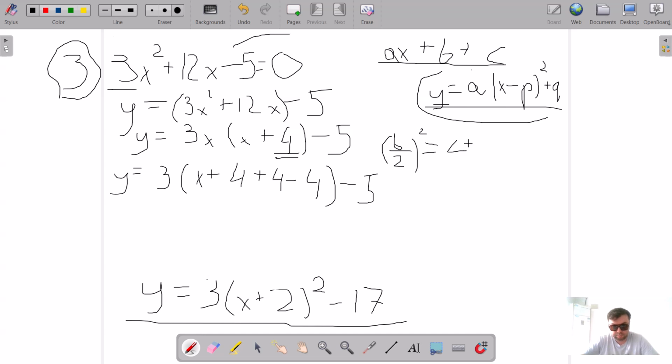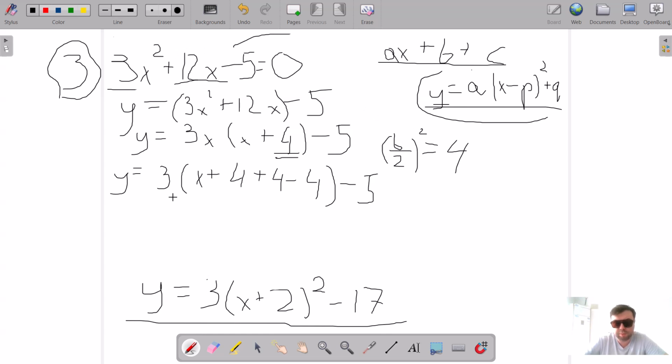So remember, first we factor out from these brackets, and then we take b divided by 2. We know that b is 4, because we divided by 3, so 4 divided by 2 is 2, squared. So we divide by 3, and then we do b divided by 2 squared.